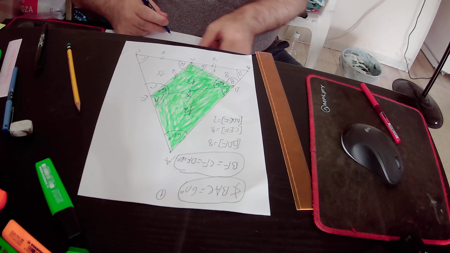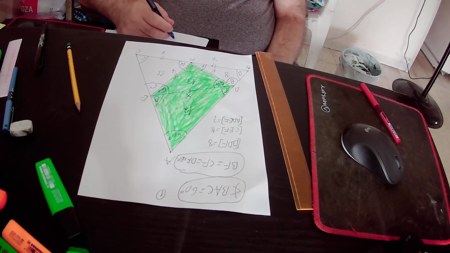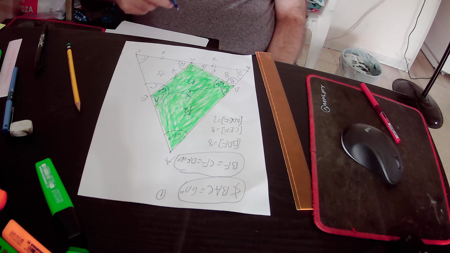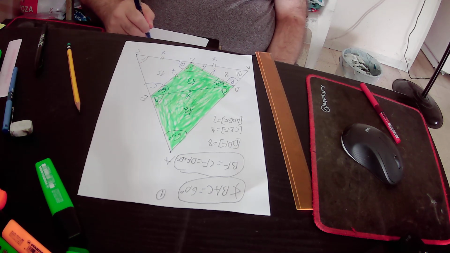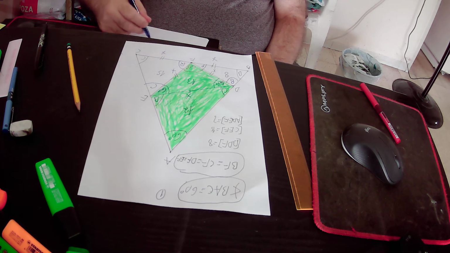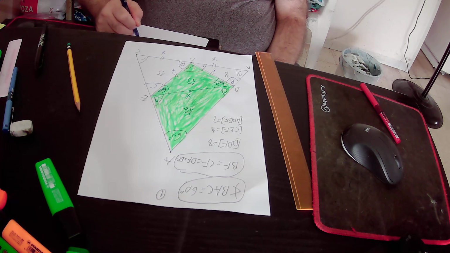So the area of the green shape, that is the area of the quadrilateral ADFE, equals the area of triangle ADE, that is 12, plus the area of the equilateral triangle EDF, that is 13 square units. So 12 plus 13 equals 25 square units.